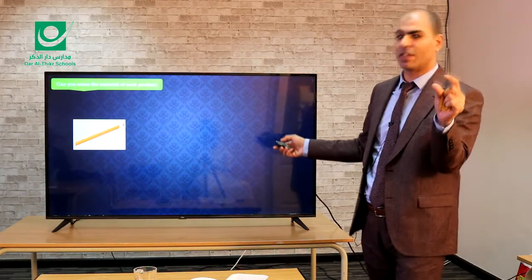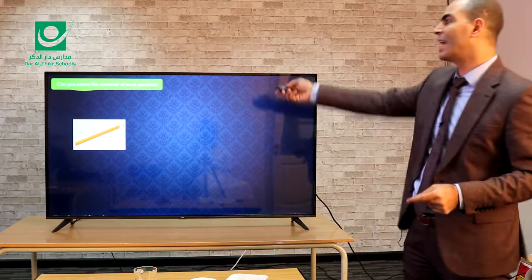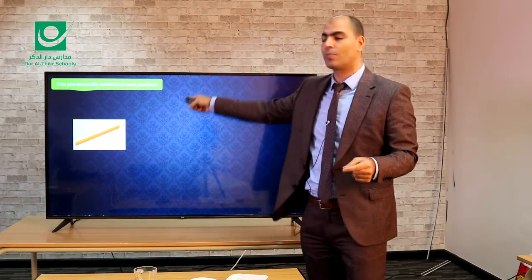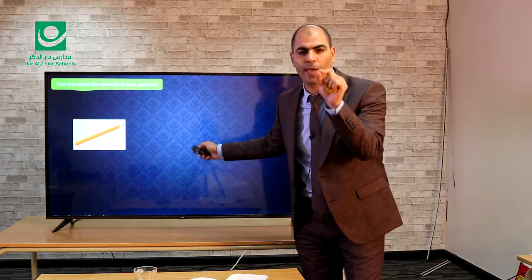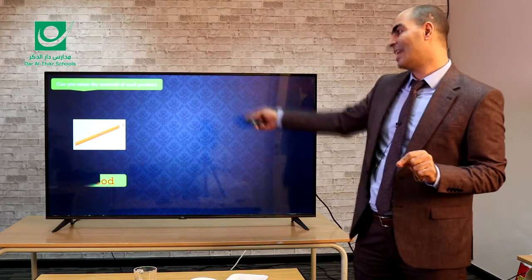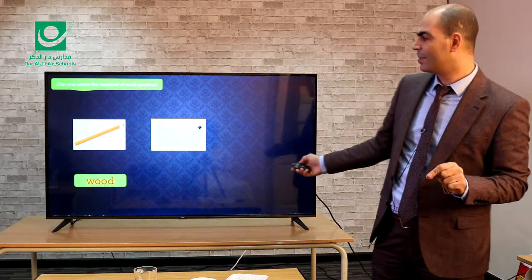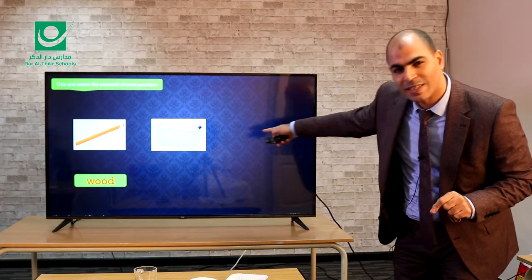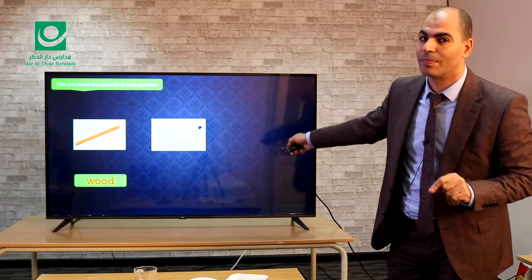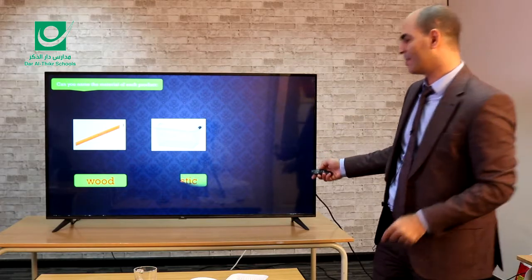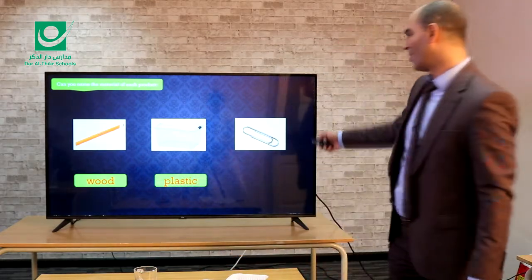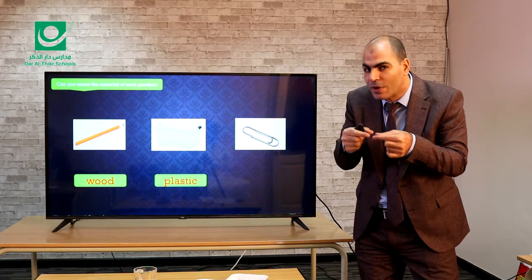This is a short activity for you. Think about it. Can you name the material of each product? We just need to give the name. Yes, that is wood. What's the name of the material? Yes, plastic. Look at this. It's a paper clip.